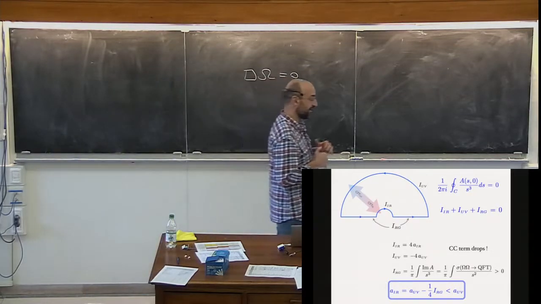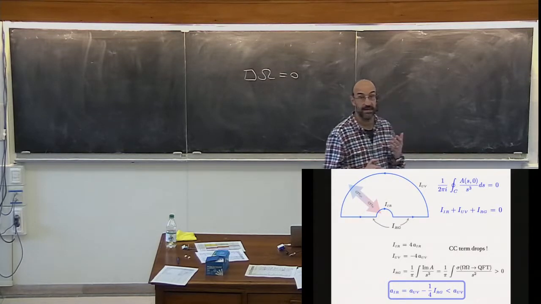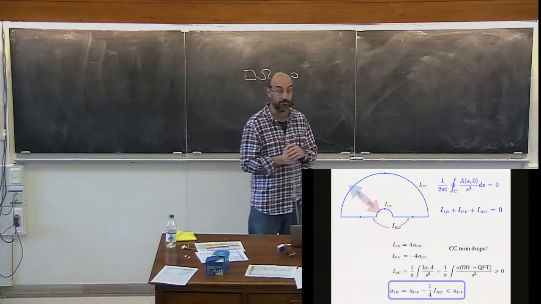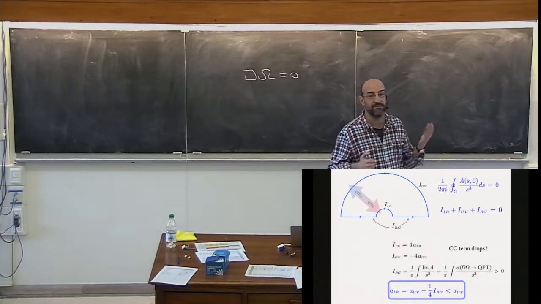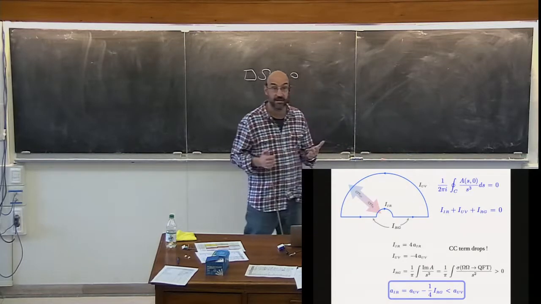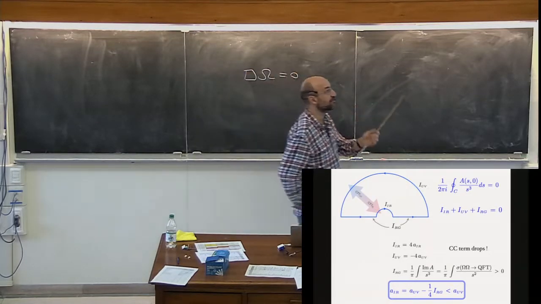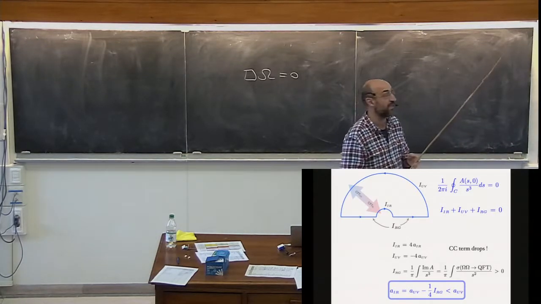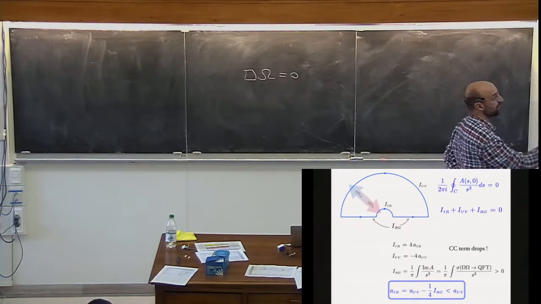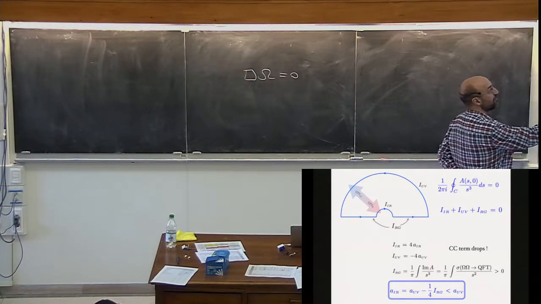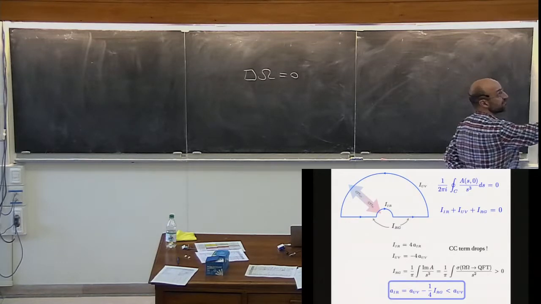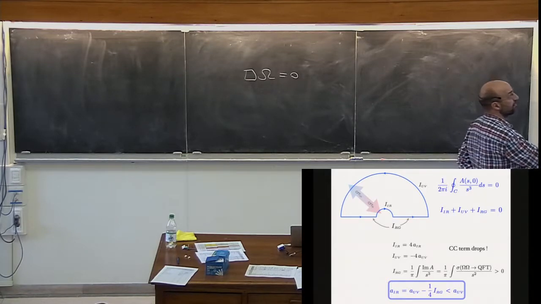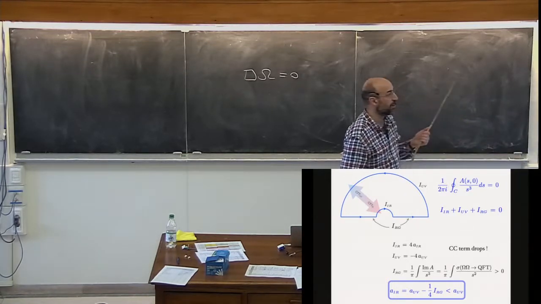And the part which is calculable, I argued, is just controlled by the A coefficient in the anomaly in the conformal limit. In the non-conformal limit, it's going to be something more complicated, but it is calculable and finite. Using these results, we established a dispersive argument that relates the value of A in the IR, this is the integral along this line of this amplitude, to the value of A in the UV, and they are related by an integral from the IR to the UV of a positive quantity.